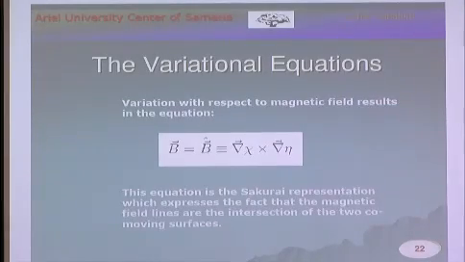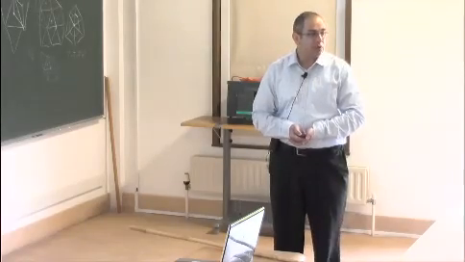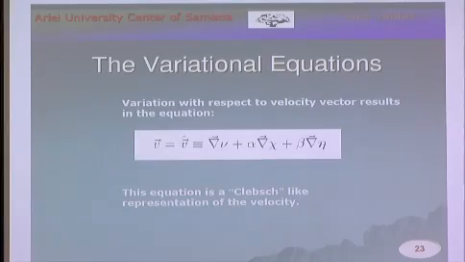And of course, when you do the variation with respect to the field, you get this equation, which is just Sakurai's representation of the magnetic field. If you do a variation with respect to the velocity, you find yourself with this equation, which reminds one of the representation by Clebsch, which you get in standard fluid dynamics, but it's more generalized.